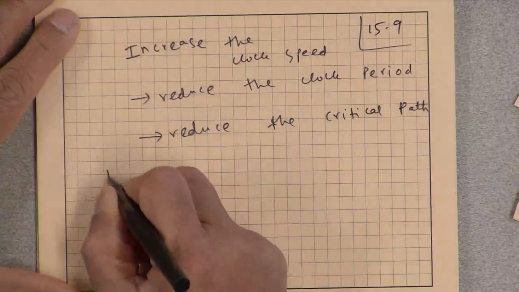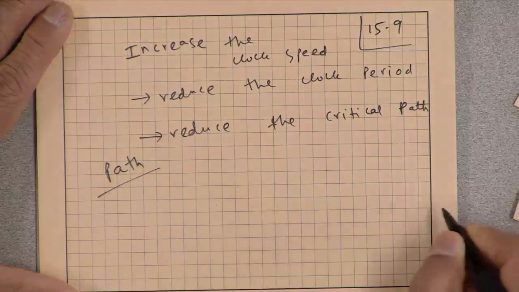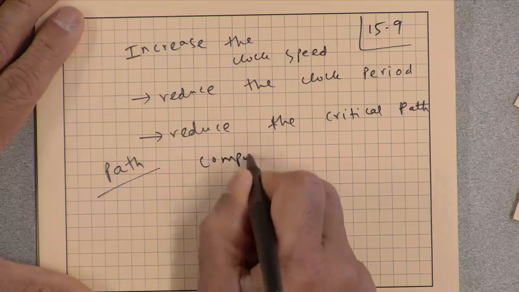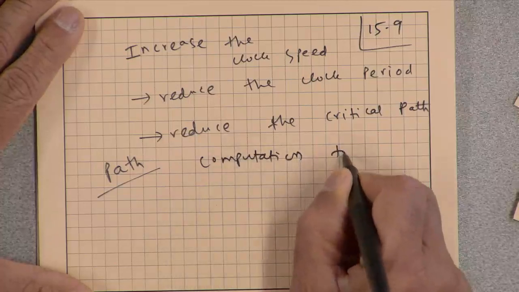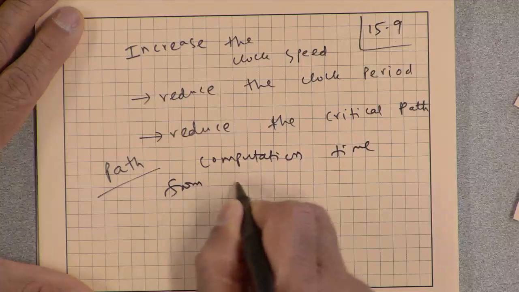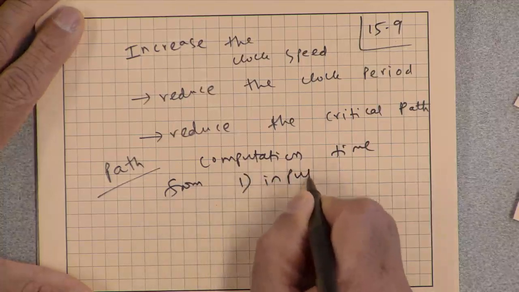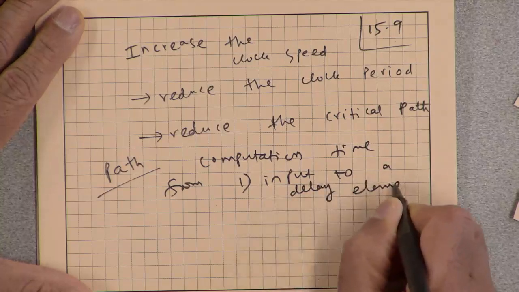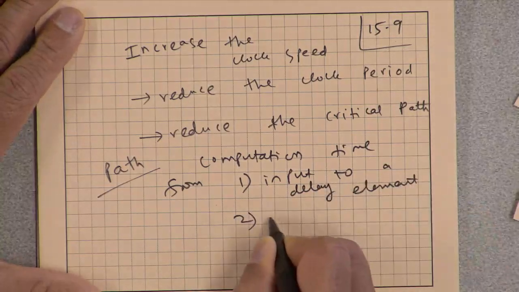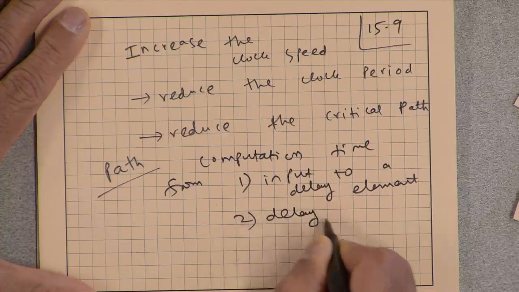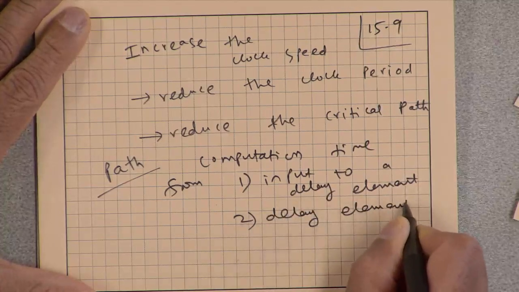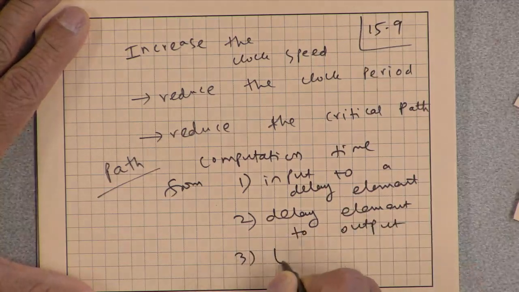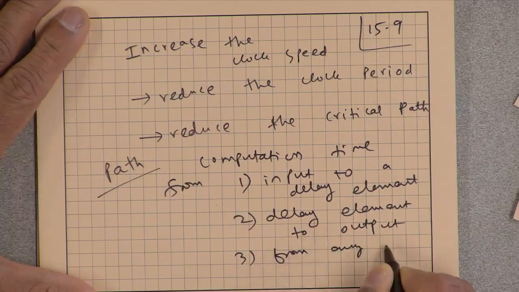So what exactly is a path in a computing system? A path is any computation time from an input to a delay element, from a delay element to output, and from any delay element to another delay element.